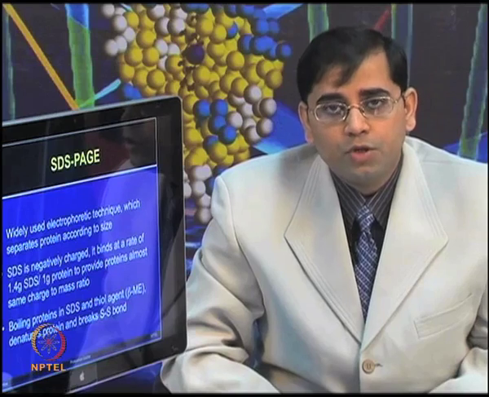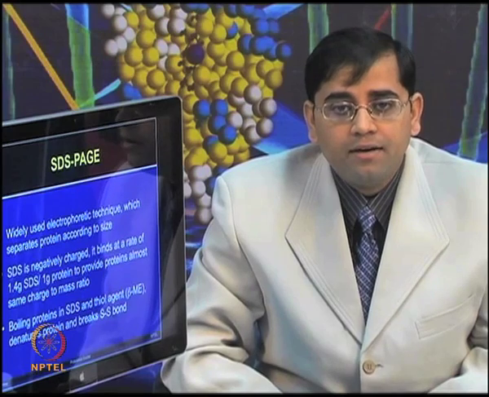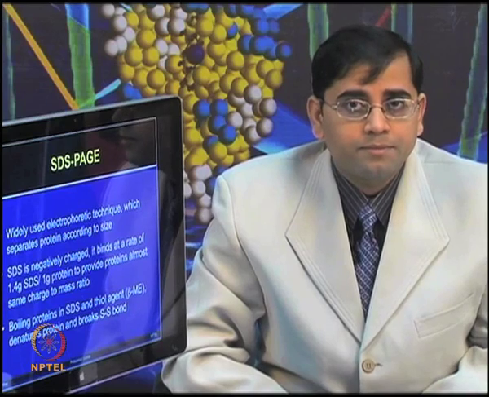As I mentioned, there are steps required to prepare your protein for denaturation. So you need to boil your proteins in SDS and beta-mercaptoethanol and DTT to denature the protein and to remove or break any disulfide bonds.